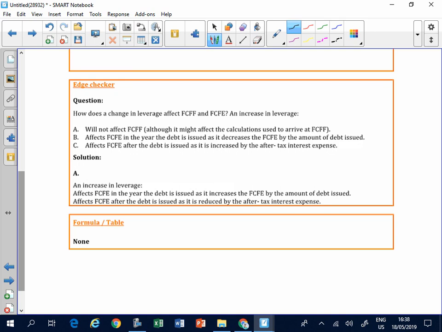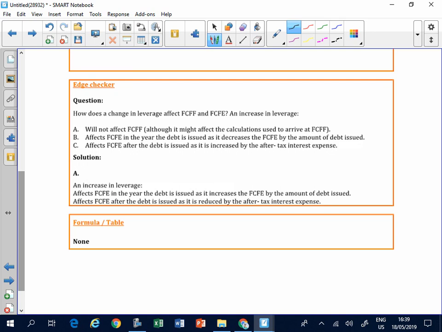Then why is FCFE not appropriate to value a company that's going to change its capital structure? Because there are massive inflows or outflows from the capital structure. If there's a change in capital structure, then either you're going to raise a lot of debt or you're going to pay down a lot of debt. So it's either a massive inflow or a massive outflow, which is not a normalized type of thing.